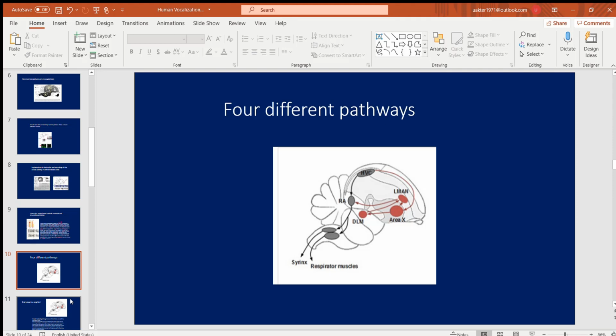The red pathway is mainly in the frontal part of the brain, right? So this is called the anterior forebrain pathway. Okay, anterior means the front, forebrain pathway, and the gray colored pathway is showing the motor pathway. Okay, that's for the production of the song.